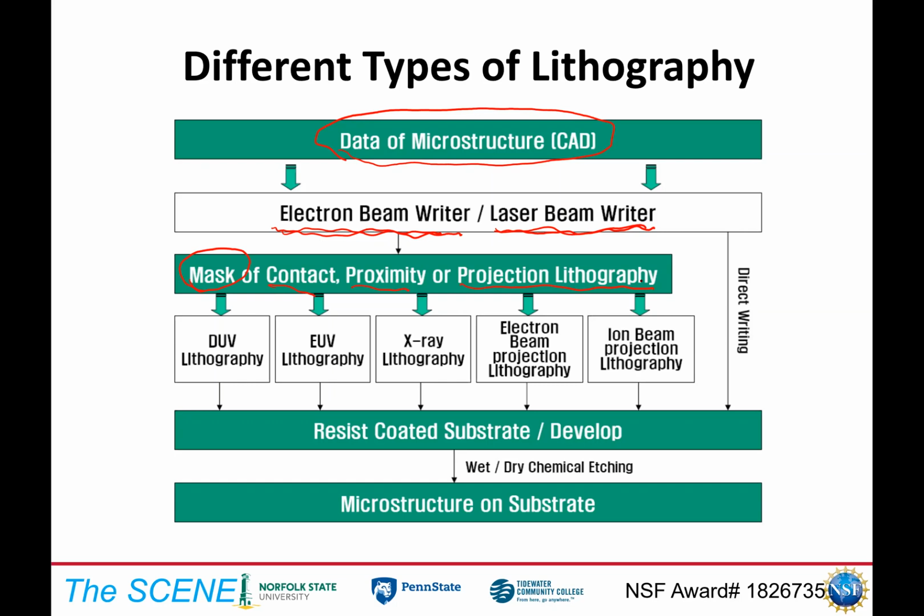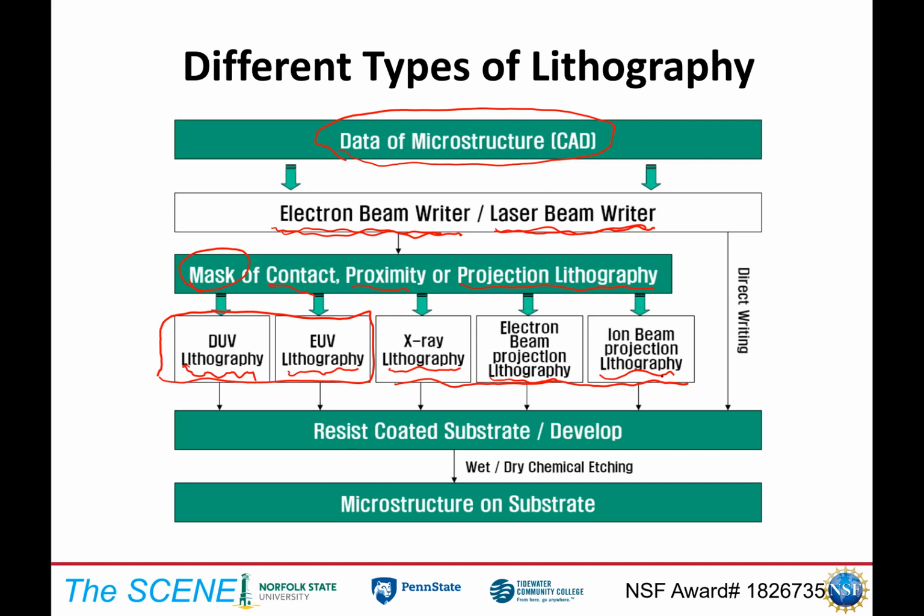This mask can be applied to deep UV lithography, and then extreme UV lithography, also X-ray lithography, and then even ion beam projection lithography. But currently industry uses these two. These three are currently being researched.